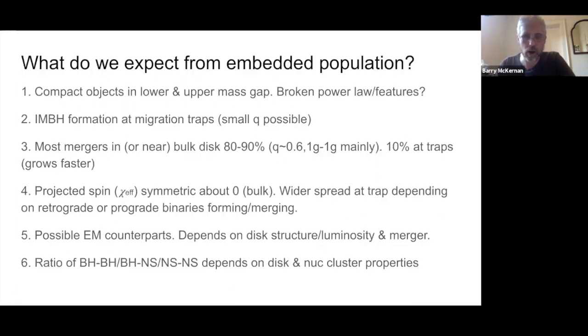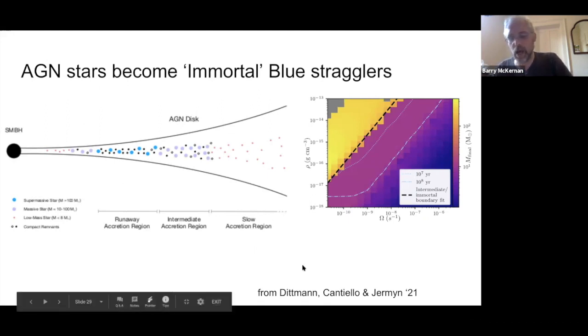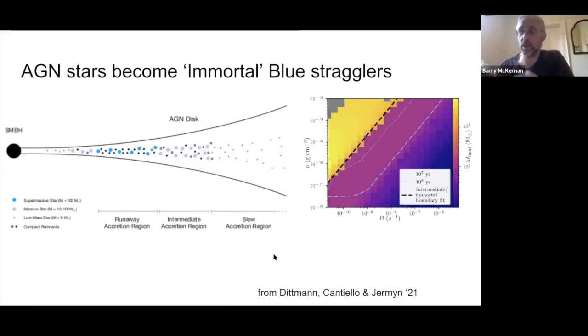There's only one more, and that's that stars in AGN disks are weird. This is from work by Alex Dittman and our very own Matteo and Adam. The idea here is that if you take a star and you stick it in an AGN disk, it will evolve very differently from in vacuum.